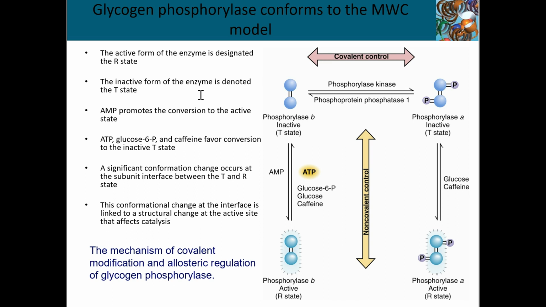And that means that we have this covalent control, which in this case isn't just an equilibrium, but a covalent control which designates the T state and the R state.